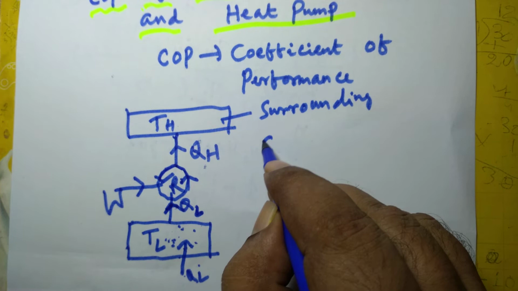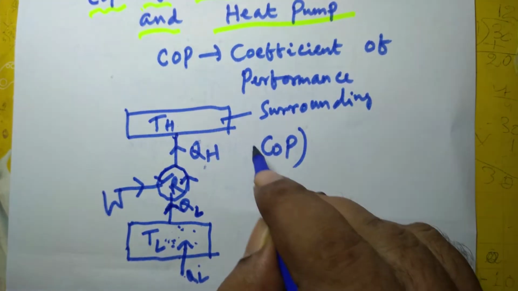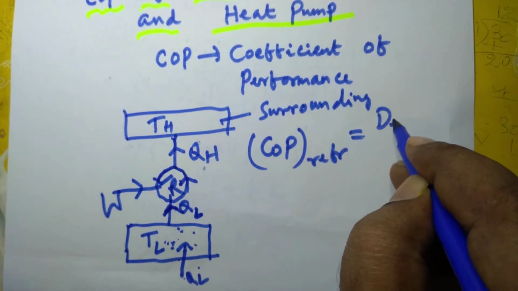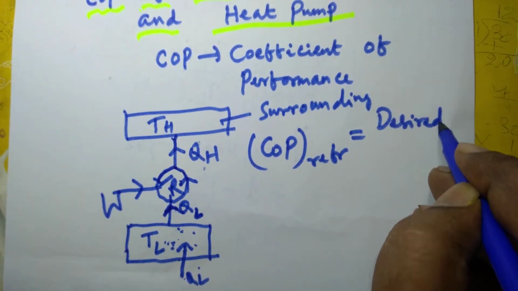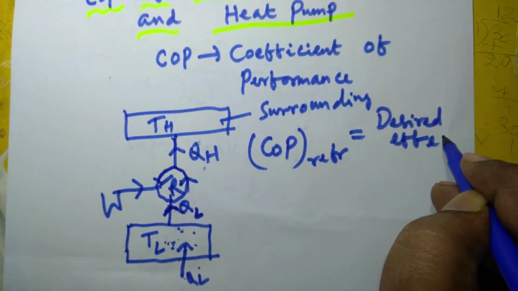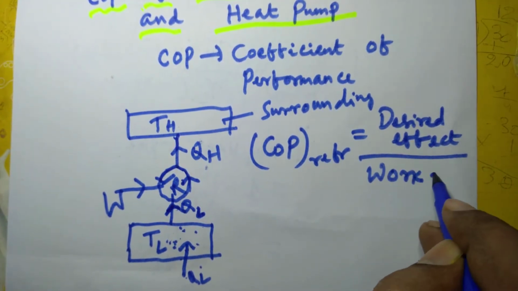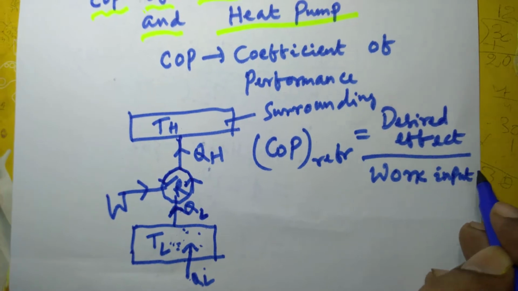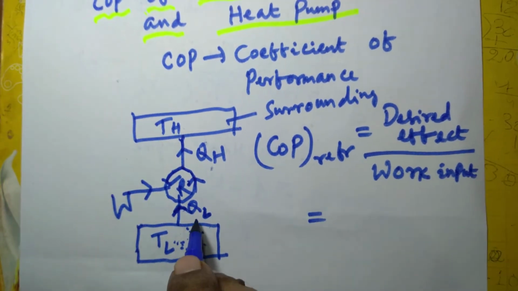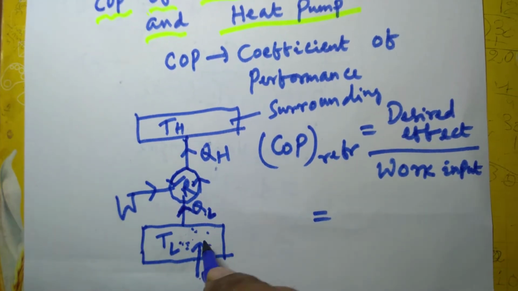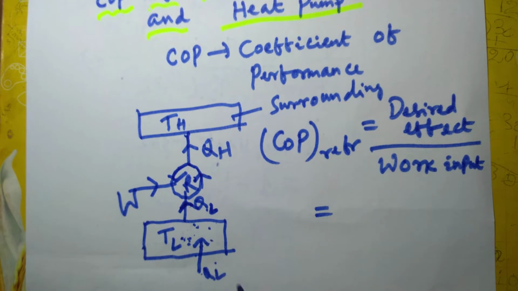So the COP of a refrigerator, we know that, is desired effect divided by work input. The desired effect is to remove this heat from this space so that this space is maintained or refrigerated. From that the term refrigerator comes.